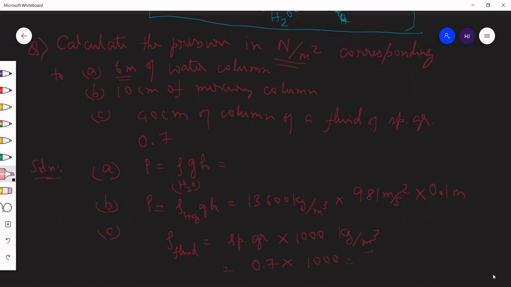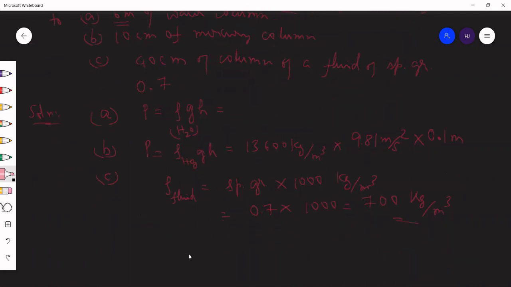How much it is? 700 kg per meter cube. That is the density. Now if you get the density, you can find the pressure. Same formula. Pressure of the fluid. This is pressure of mercury. This is pressure of, okay, same density of the fluid, which is given, G into H. What is H? H is given now, 40 centimeter. You convert into this one. So like that, you will get the answer.